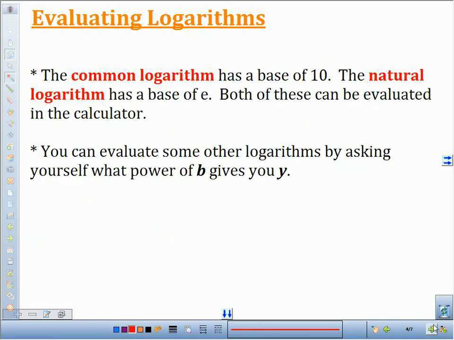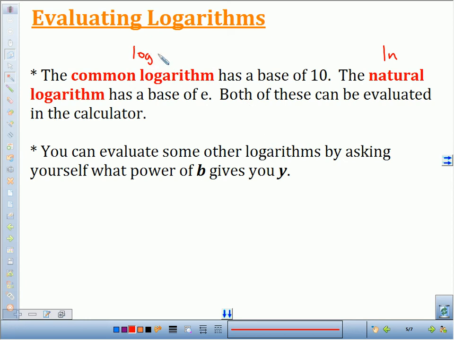Alright, moving on. A couple more definitions for you. We have the common logarithm, which is basically a logarithm with the base of 10. The thing that's special about the common logarithm is that it will just be written as log. There won't be a base anywhere. So it would be log of x or log of whatever. The natural logarithm has a base of e, and that one is denoted by ln.